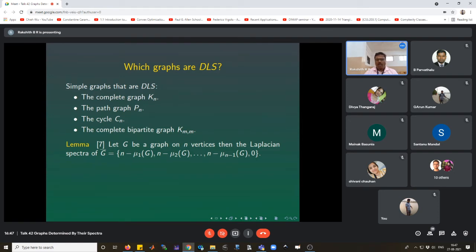So what is the importance of this lemma? It tells you that a graph G is determined by the Laplacian spectrum if and only if its complement is determined by the Laplacian spectrum.